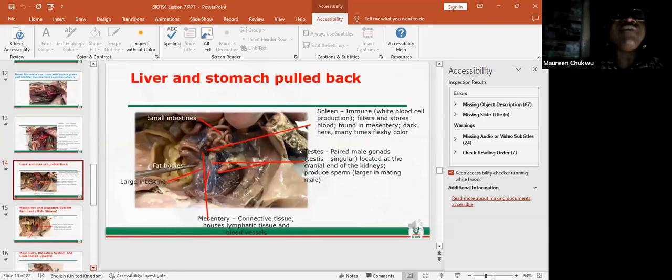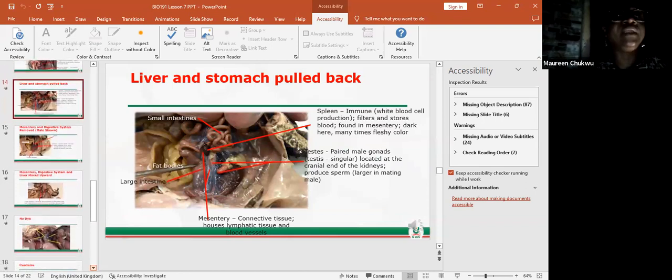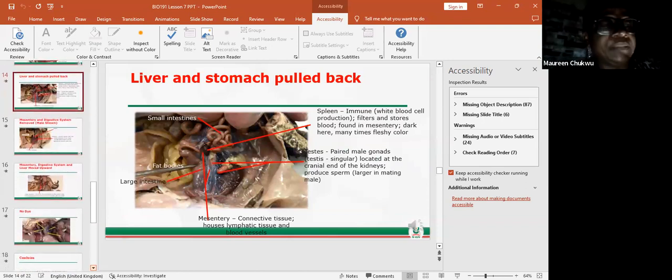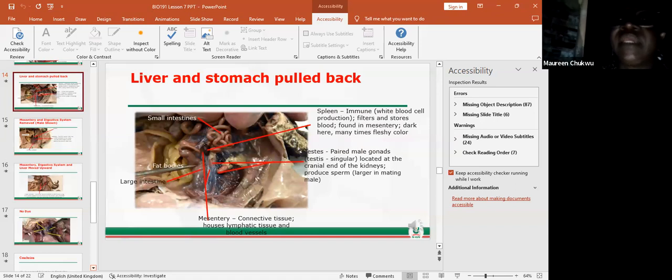Where the liver and the stomach are pulled back, these are what will be visible. We have the small intestines, fat bodies, large intestine, then the spleen, which contains immune white blood cells. They provide immunity, filter and store blood, and are found in the mesentery, dark here, many times a fleshy color.